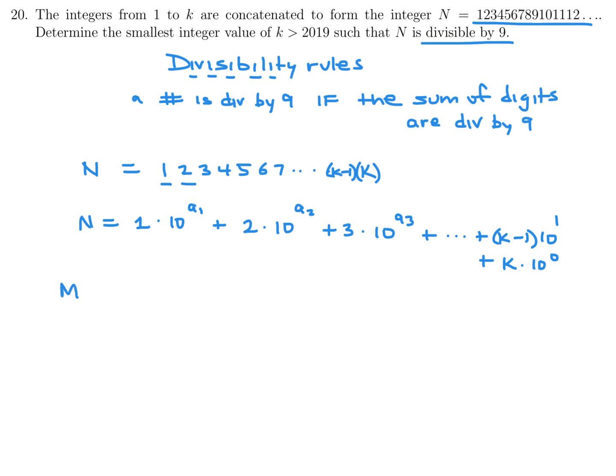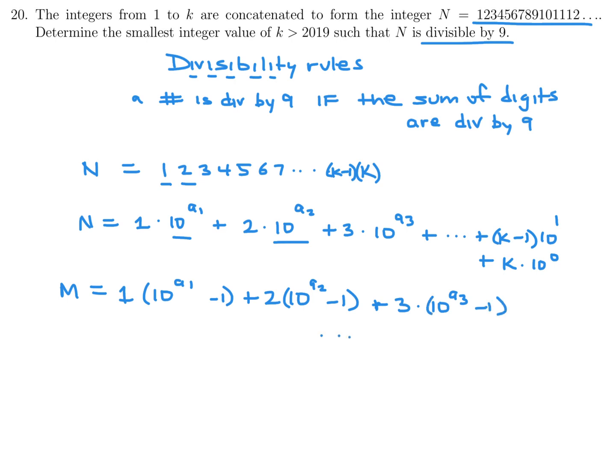Now we want to do a little bit of fancy algebra. From each of these powers of 10, I'm going to subtract 1. So 1 times 10 to the A1 minus 1, and then 2 times 10 to the A2 minus 1, plus 3 times 10 to the A3 minus 1, and so on.